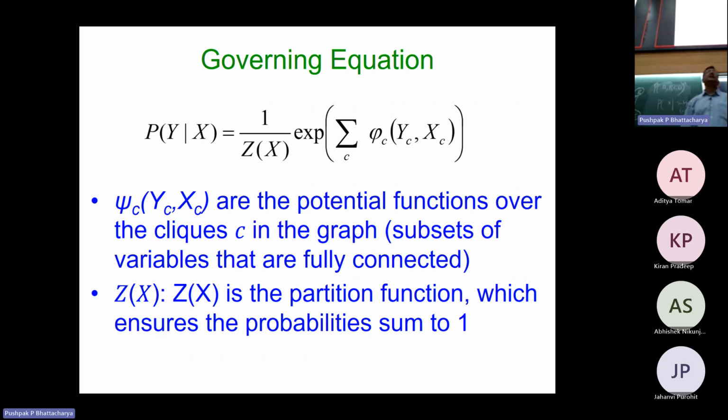So why fully connected? How to take that particular part of the graph which will determine a particular conditional probability? Let us explore slowly.